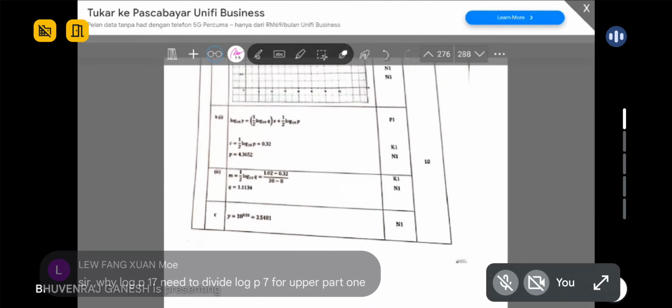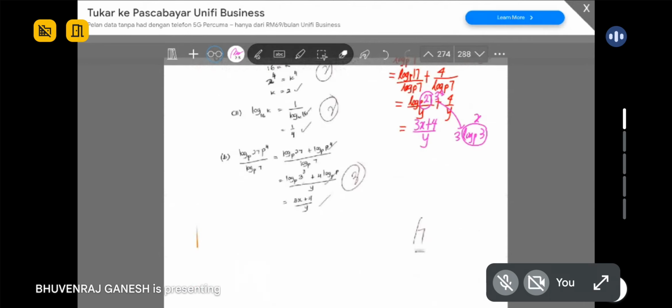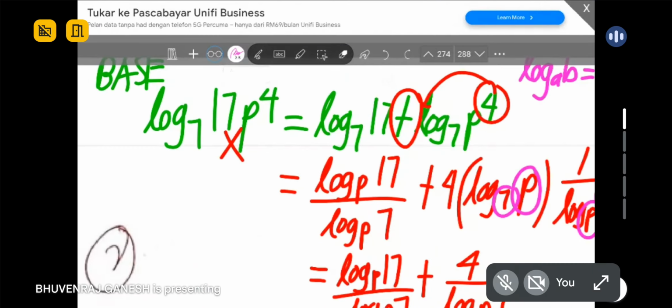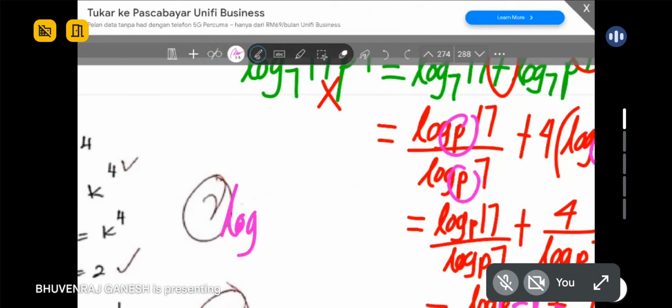Okay, wait. Why does log P17 need to divide log P7? Wait, guys, I come back to this one. Why must we divide? Because I'm adding a new base. Can you see I'm adding a new base over here? I add a new base of P. So this is the rule, guys. The formula is like this. You can find it in your textbook also. This is the formula when you add a new base.